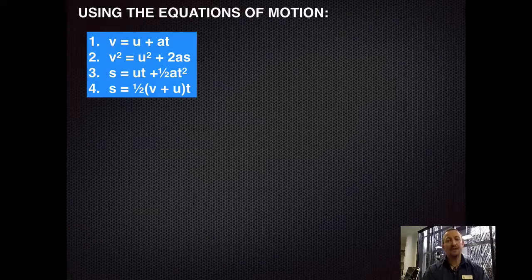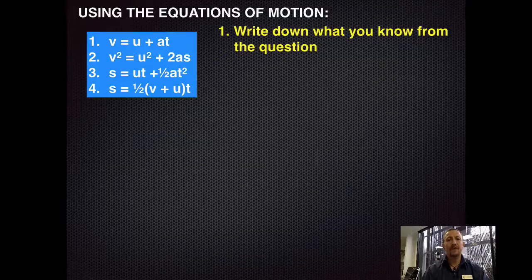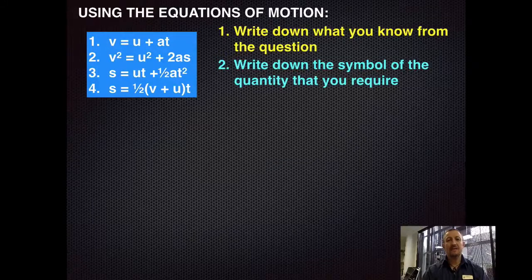So the question now is, how do we use them? Well, when we get a problem, the first thing I always get my students to do is to write down what you know from the question. You will be given 3 variables that you know, and you'll be expected to find a fourth. So write down what you know first. The second thing is to write down the symbol of the quantity that is required.